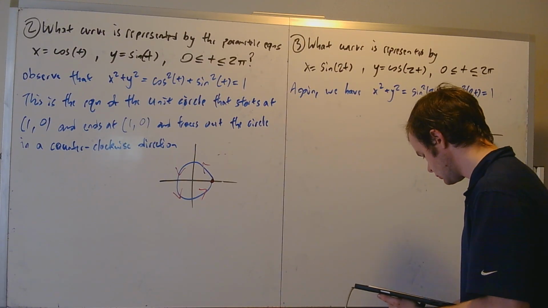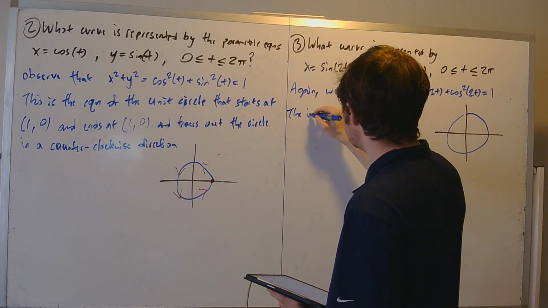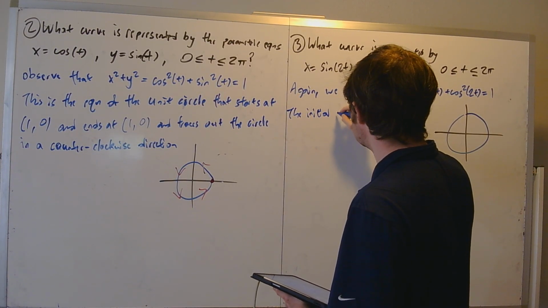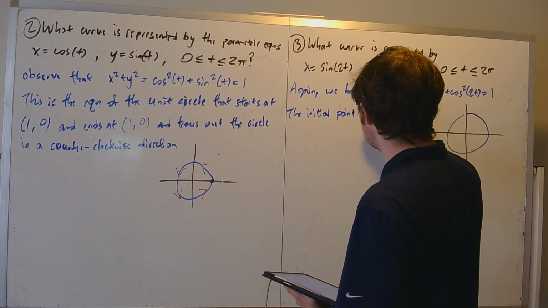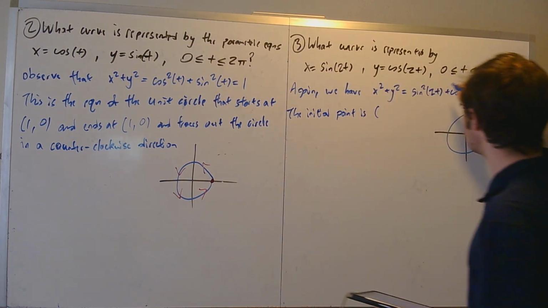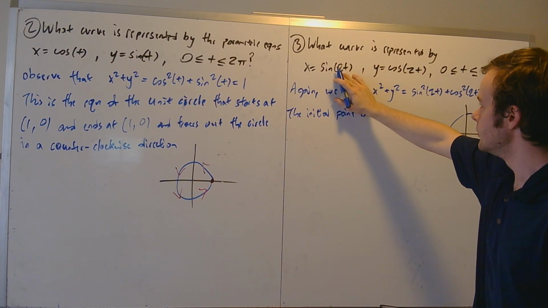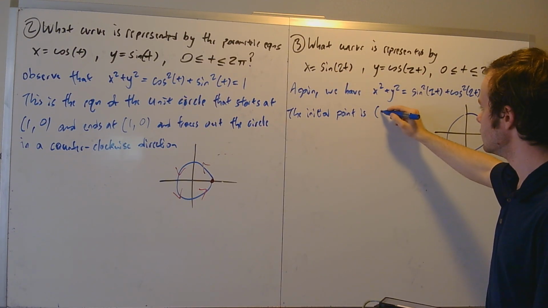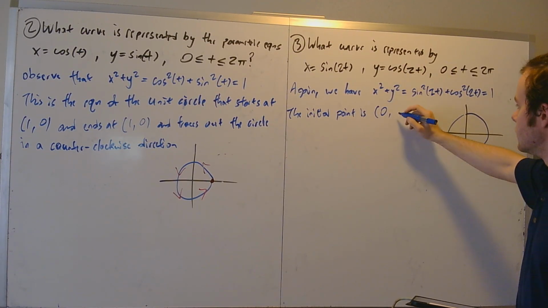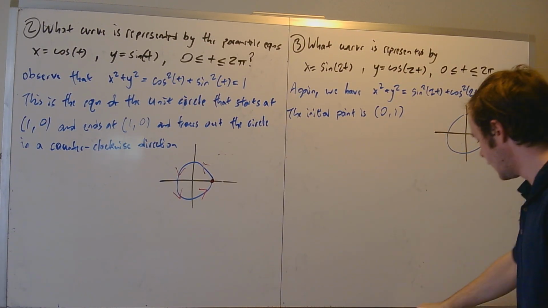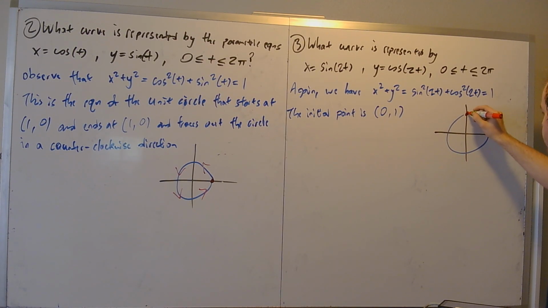So we need to first look at the initial point. So it gives us a circle, but the initial point is going to be, so we have to plug in t equals 0. So if we plug in t equals 0 here, then we're going to get sine of 0, which is 0. And if we plug in t equals 0 here, we're going to get 1. So actually now we're starting at a different place. We're going to start up here, right?